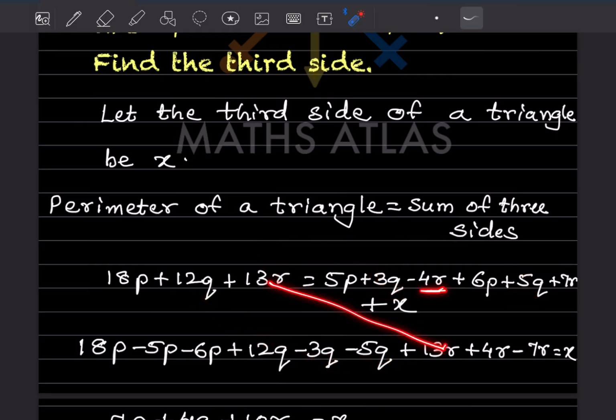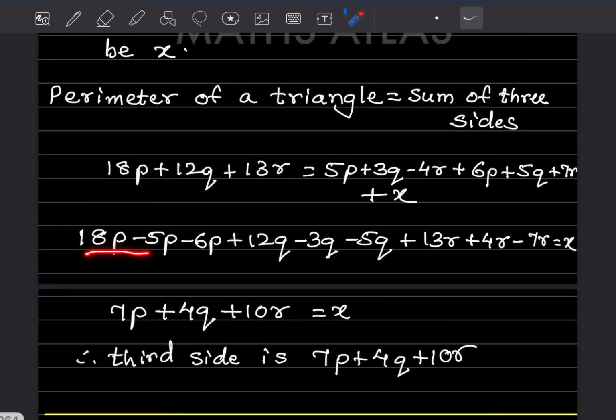And again for r, minus will become plus 4r, and plus 7r will be minus 7r, and this is already on the right hand side, so that is going to be x. So after solving this part we get 7p, after solving this we get 4q, and this one is going to be plus 10r, that is x. So we can say the third side is 7p plus 4q plus 10r.